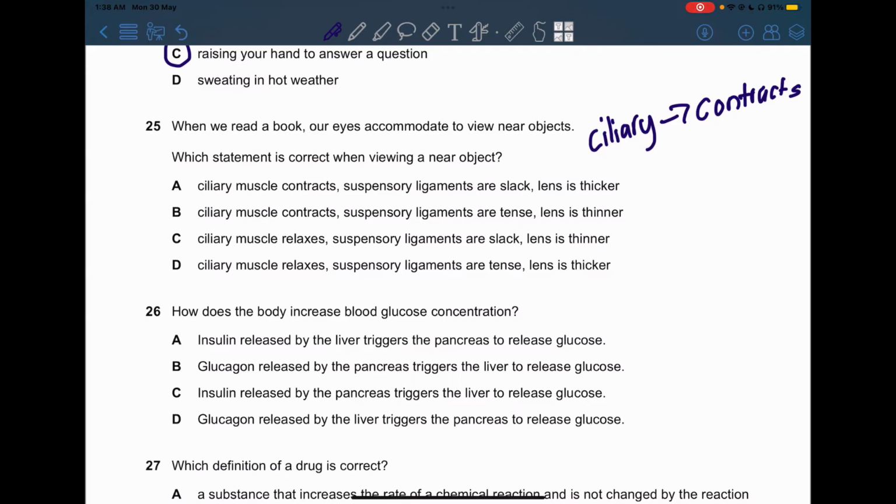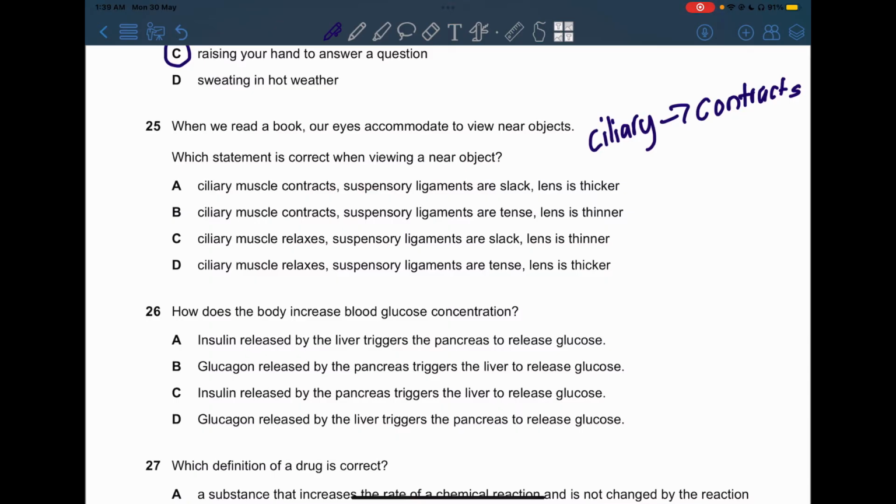We're going to say they slacken, which means they are relaxed, and tense means they are contracted. So these are the terms you should use when you are talking about the suspensory ligaments, because you can't say anything contracts or relaxes unless it is a muscle. So please take care of that as well.